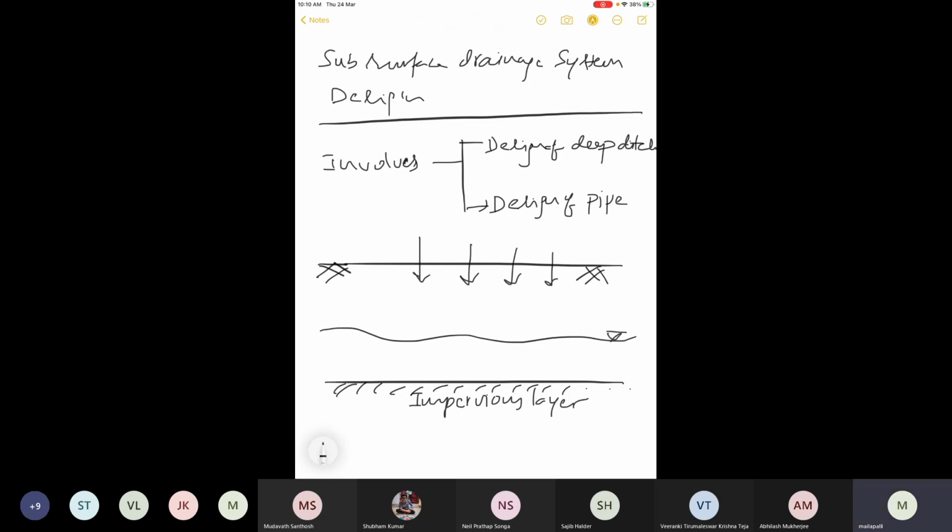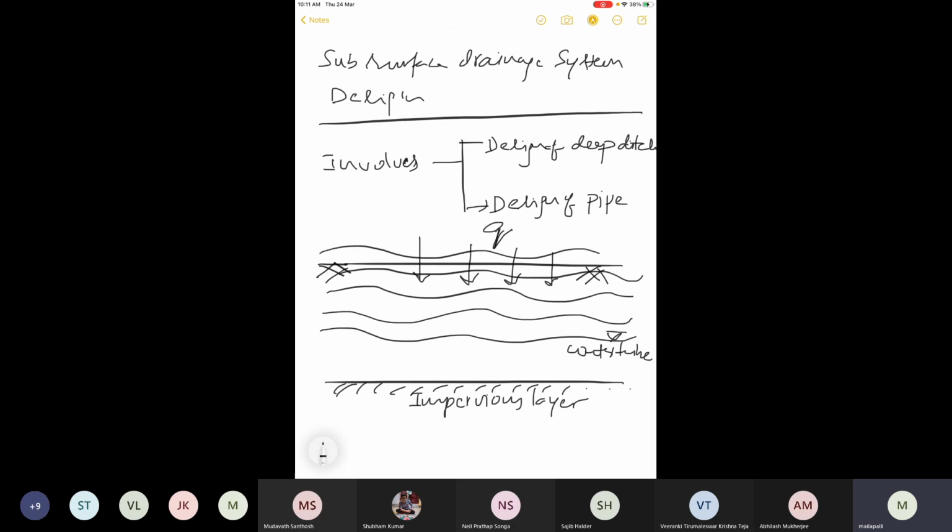This is the groundwater table. When the recharge, let's say Q, is adding continuously, the water table is going to rise slowly like this, and then finally it will be on the surface. Because there is a water table sitting on an impervious layer, there's no possibility that water will go beyond the impervious layer, so the only way is to accumulate upwards. That's what's going to happen, right?